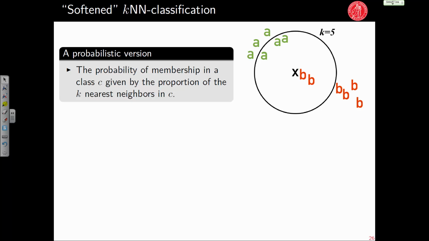Out of the 5 nearest neighbors of X, there are 3 that belong to class A. That makes 0.6 of the total, and 2 in class B, so that's 0.4. So we say that X is 0.6 of class A and 0.4 of class B. That's one way of introducing probabilistic membership functions to KNN.